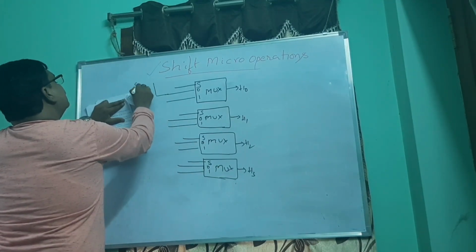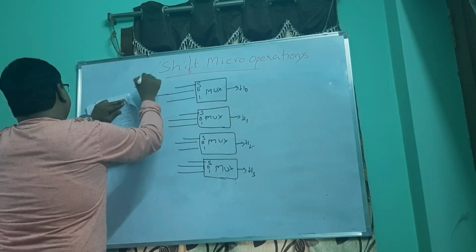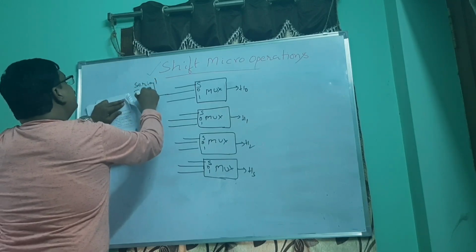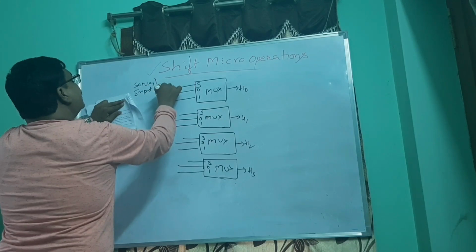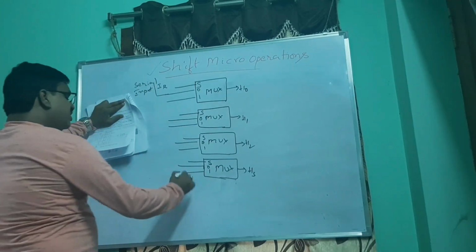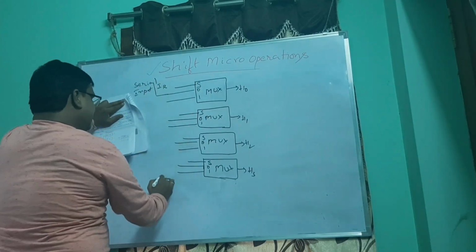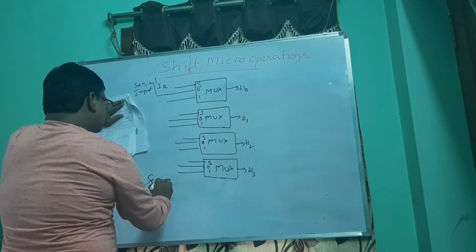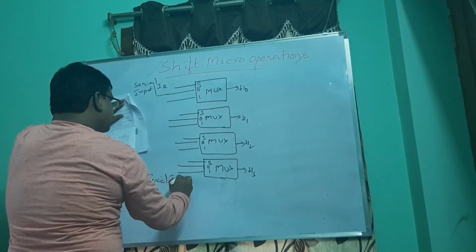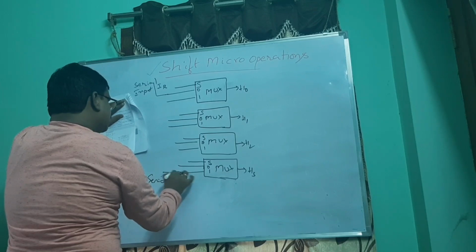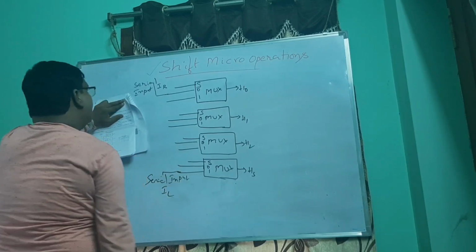This is serial input. This is IR, say. So here IR is right. So here also serial input, this is IL.